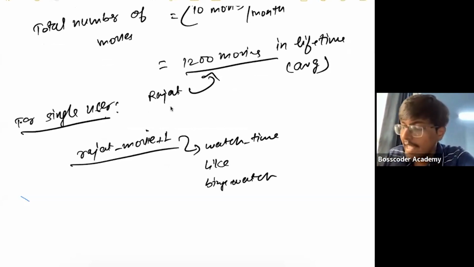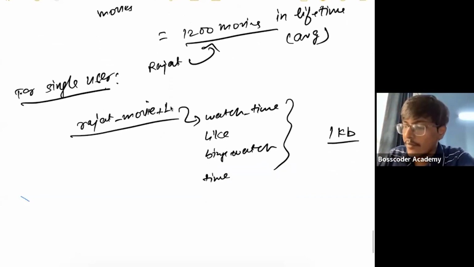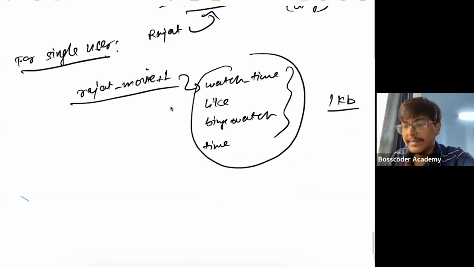Movie ID, time left, at what time it was watched, right? It can help understand at what time people are watching movies, like what is the preferable time for them. All these can be calculated. Let's say for one user, it is 1 KB. All of this is taking 1 KB for watching a movie, right?